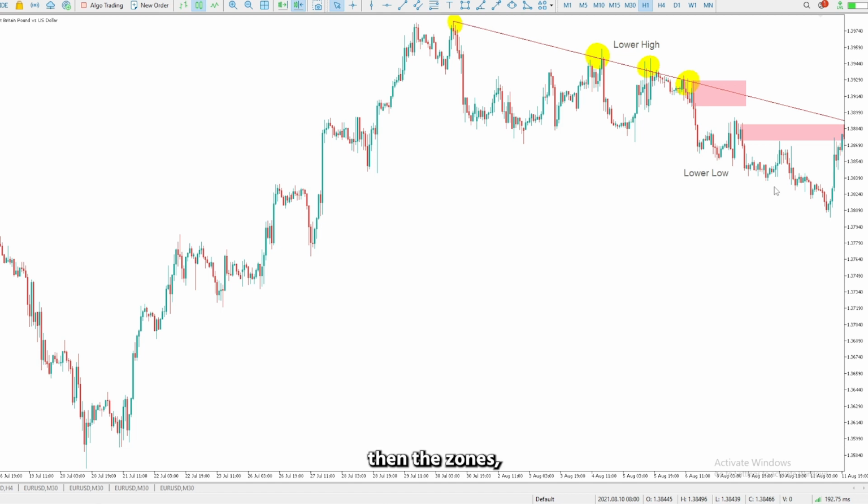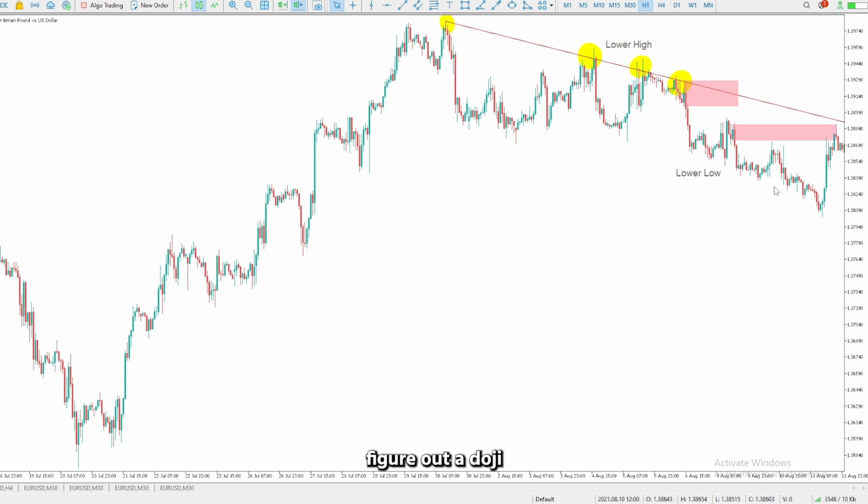Then we are waiting for the price reaction, signaling the reversal. Here we can figure out a doji and an evening star.